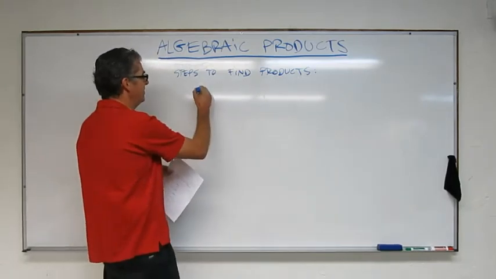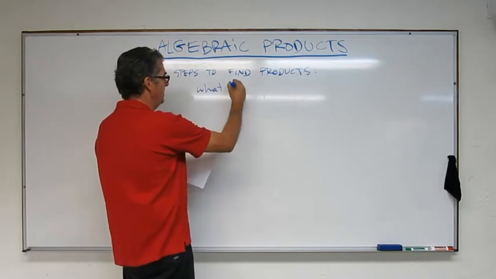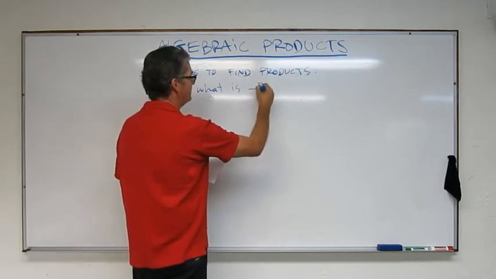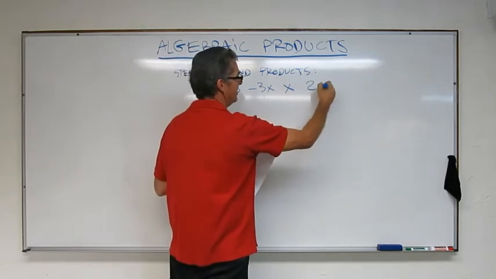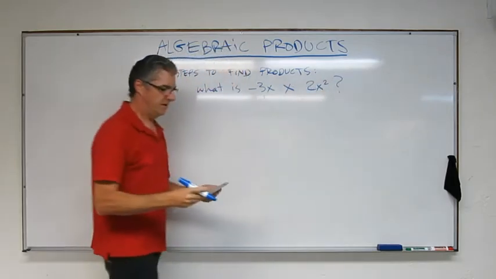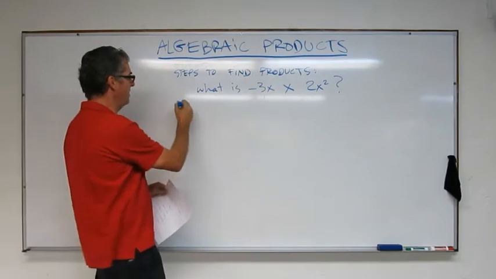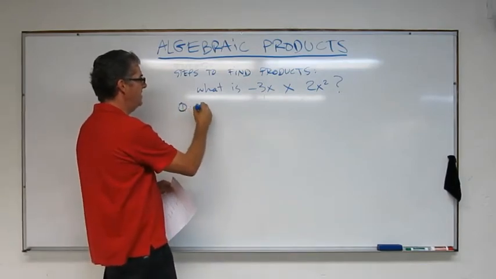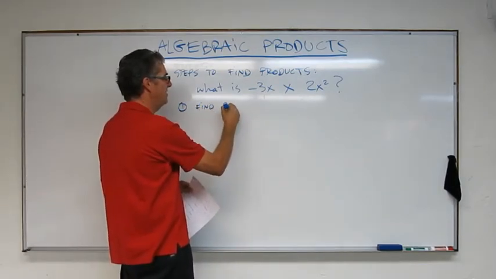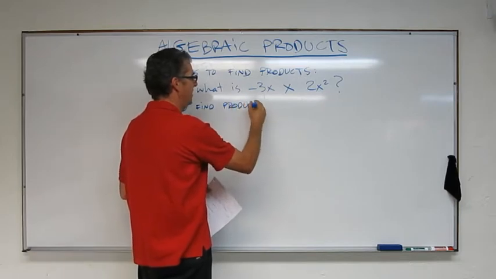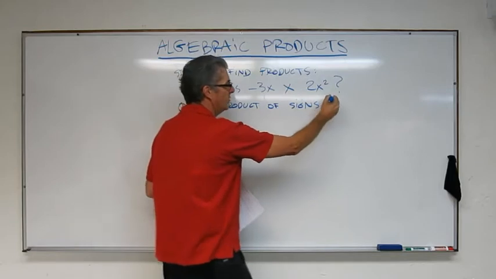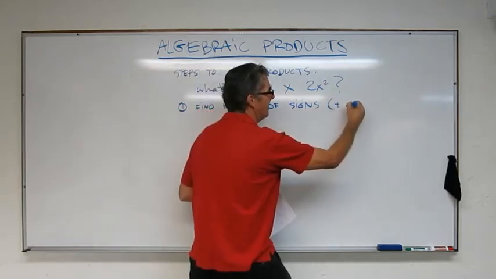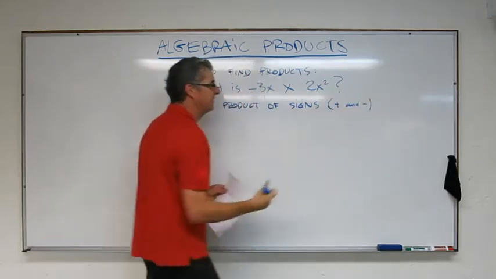Okay, so here's our question. What is minus 3x times 2x squared? So step 1. Find product of the signs, which are the plus and the minus, okay?